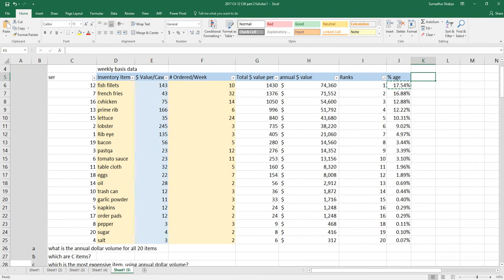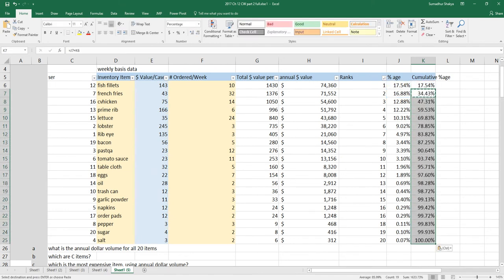Now, when these are all sorted, I'm going to say cumulative percentage, which equals this value, and then the current value plus the previous value, and I'm going to take it all the way across. If everything is working fine, the last value of the cumulative percentage should be 100%.